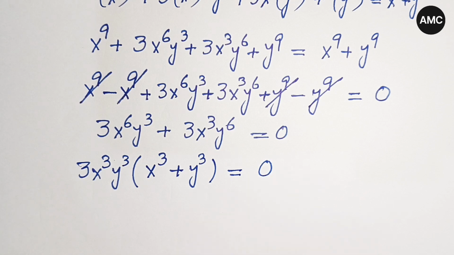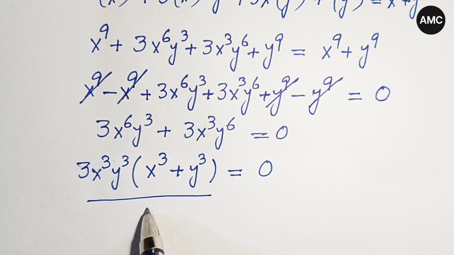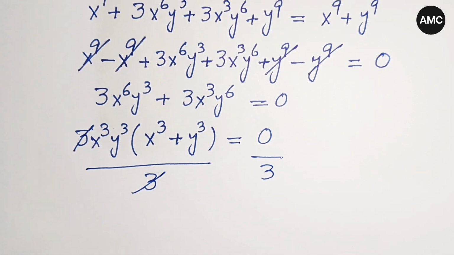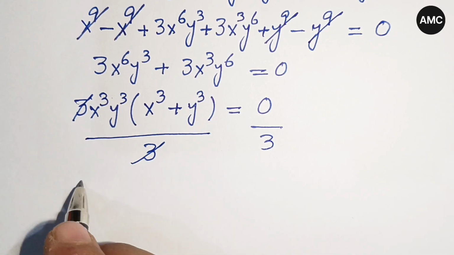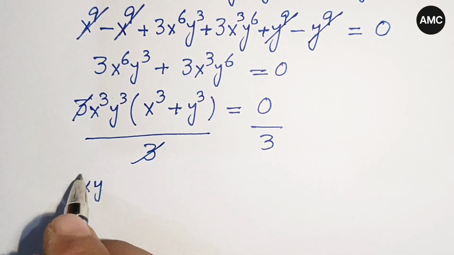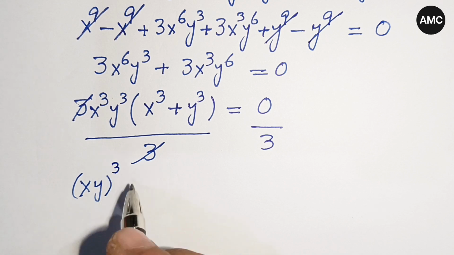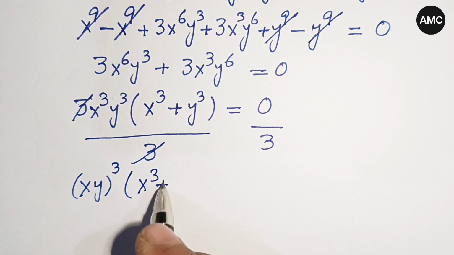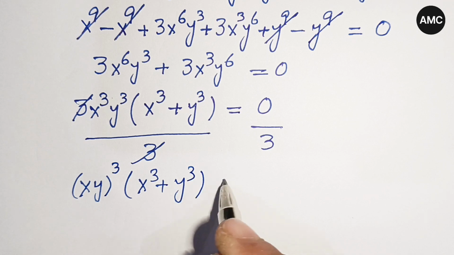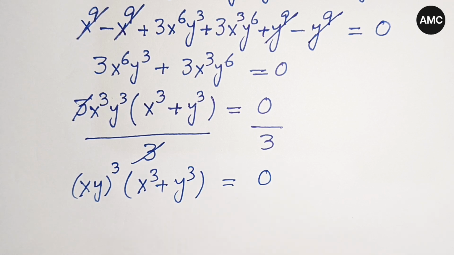Now if we divide by 3 on both sides, this 3 cancels out, so we get x cubed y cubed, which can also be written as (x times y) whole cubed times (x cubed plus y cubed) equals 0 over 3, which is equal to 0.